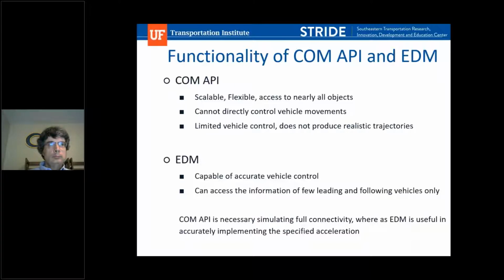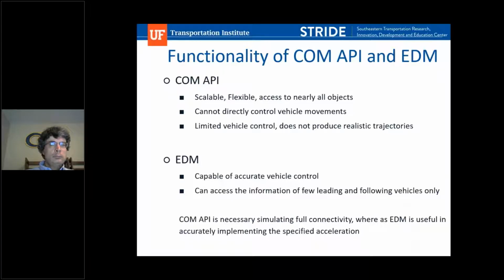Since we are responsible for providing the vehicle logic externally in the EDM, we have much more capability to control how exactly the vehicle behaves. So we saw the strengths and weaknesses: COM API is very good in reading objects, and EDM is very good at talking to Vissim and telling what to do with the vehicles.